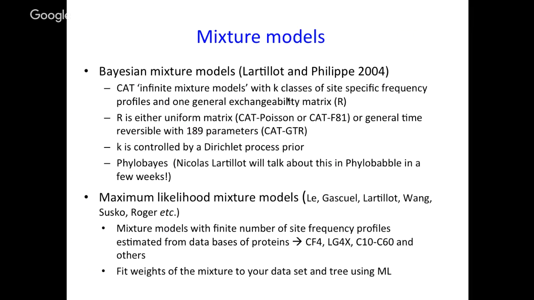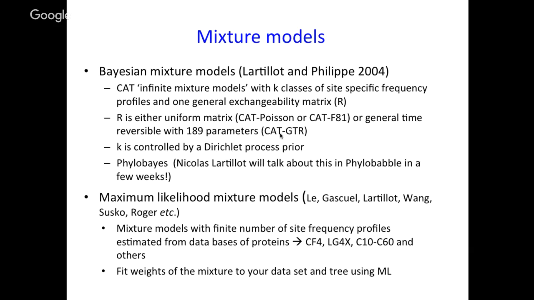That is, there are K different classes, and each class has a site-specific frequency distribution and one general exchangeability matrix. This exchangeability matrix can either be uniform, such as in the CAT-Poisson model, or more complicated, a general time-reversible type model that has 189 exchangeability parameters.